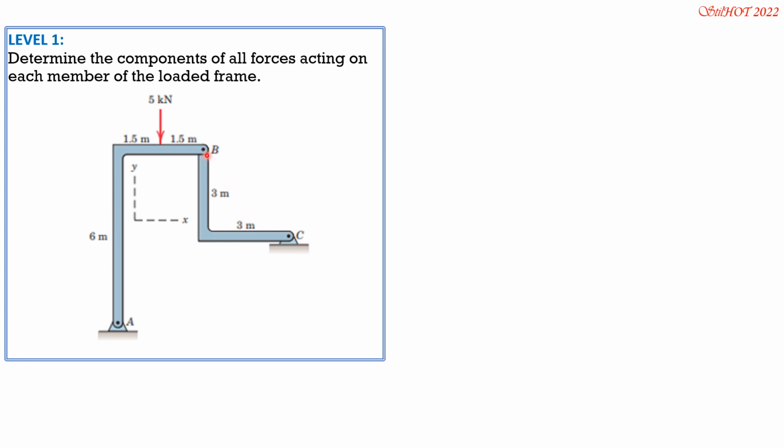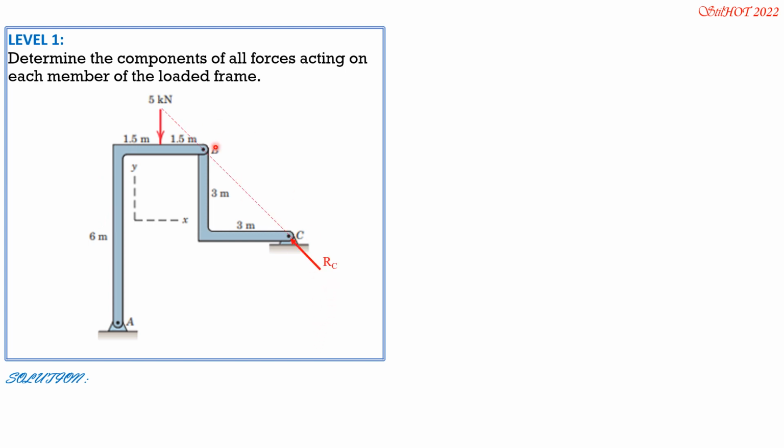So we see that member BC is a two-force body because there's no force in between. So R sub B equals R sub C, while segment AB is a three-force body because there is a 5 kilonewton load. So the reaction at C should pass through B, but B is an internal reaction, so we will not show it in the free body diagram of the entire system.